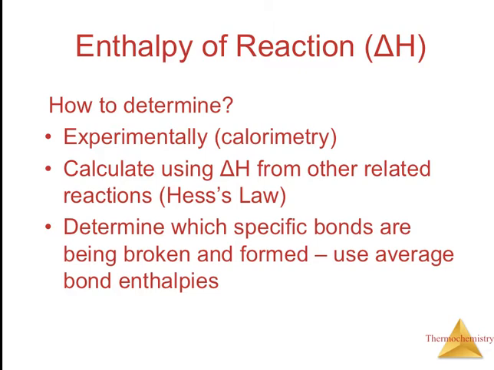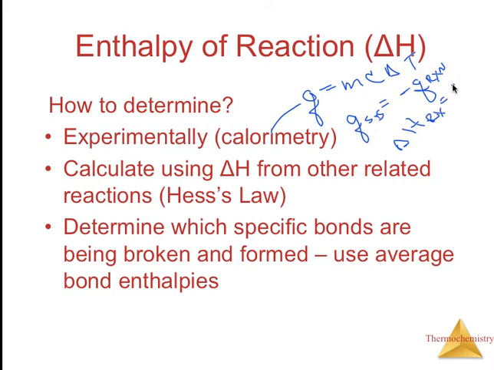Experimentally, meaning doing a calorimetry experiment, measuring the temperature difference and the mass of the solution or the system, and applying Q equals mc delta T. Then Q of the system is equal to negative Q of the reaction, and delta H of the reaction is equal to Q of the reaction over the number of moles. Sorry, I wrote on an angle.